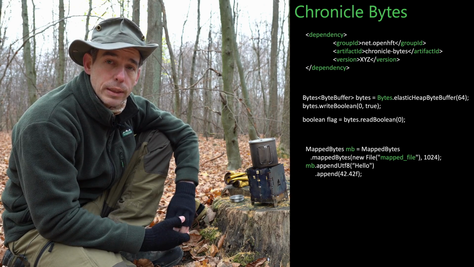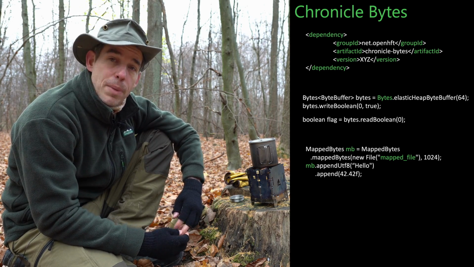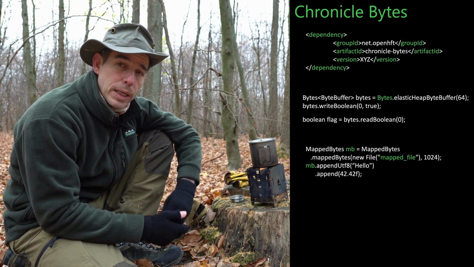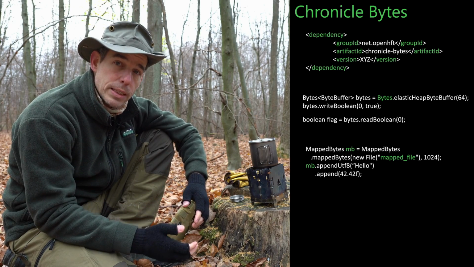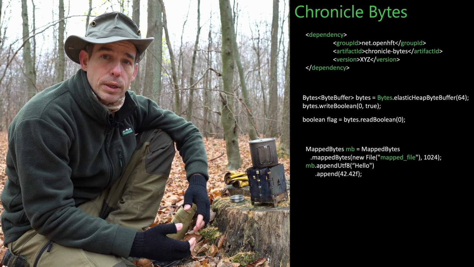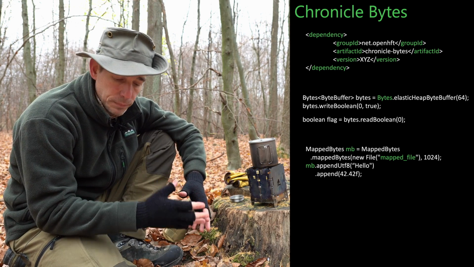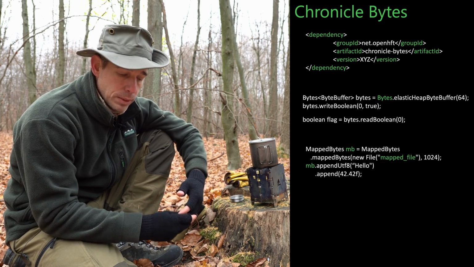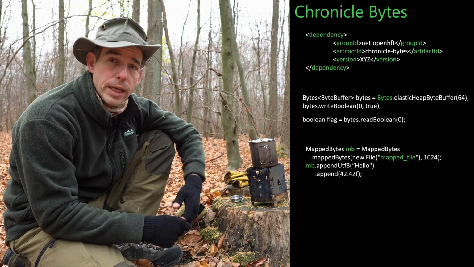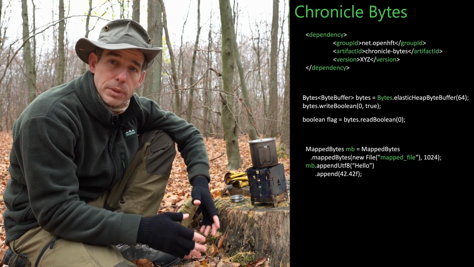This is a pure memory one. Then you can do the same with the class MappedBytes, and there is this factory method called mappedBytes. Here you're pointing to a file, and then everything you're writing with the methods appendUtf8, appendByte, append whatever, is just dumped down to disk.